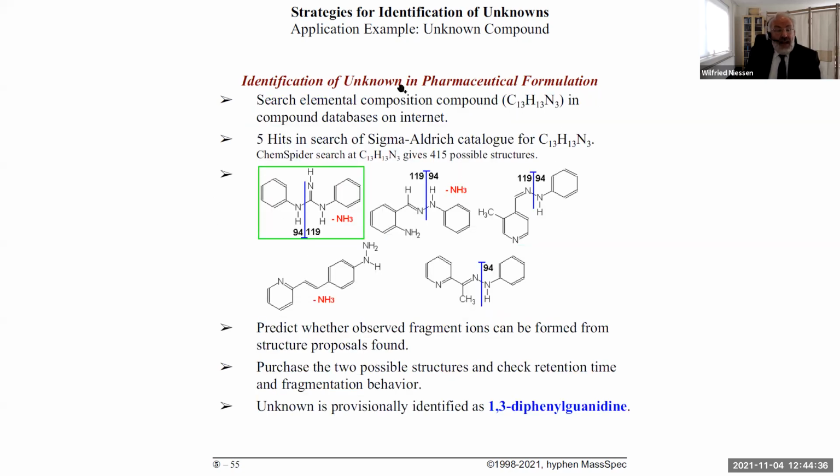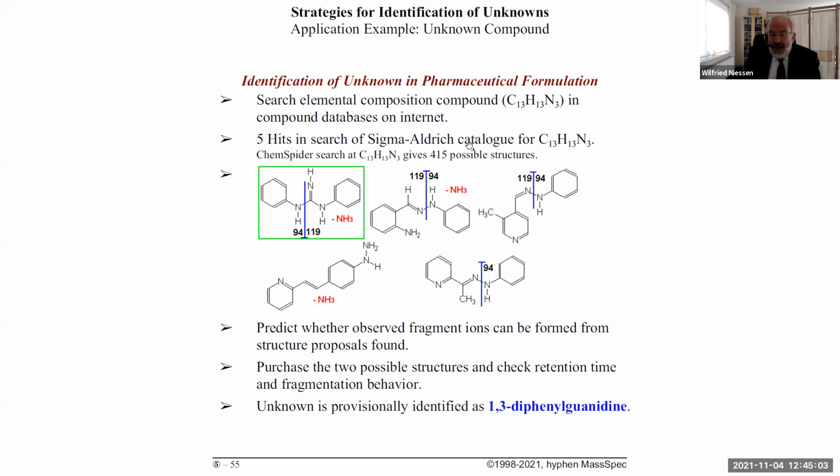And if I search the ChemSpider database for C13, H13, and 3, I get 415 possible structures. And then I decided we will have time limitations, so we cannot go over the 415 different structures. So I decided to search another database, which is the Sigma Aldrich catalog.